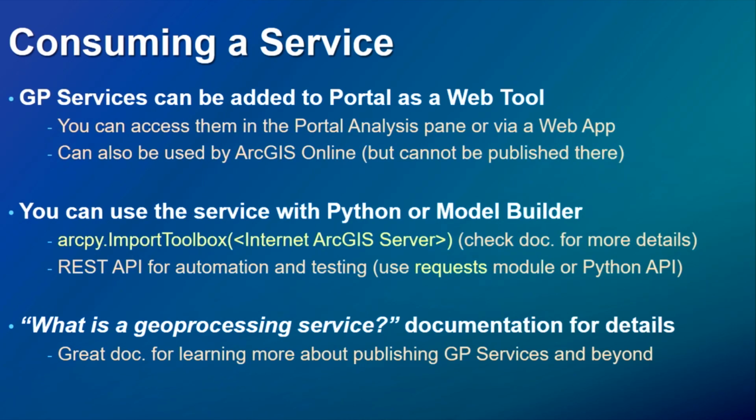Also, since every GP service has a REST endpoint, that opens up a whole new set of possibilities. You can go to the REST endpoint and use the requests module of Python, or the Python API, and also the notebook, because our notebook has the Python API or even ArcPy. You can consume our web tools there too.